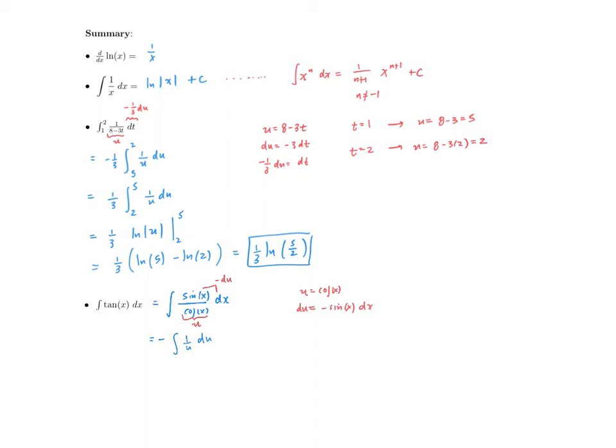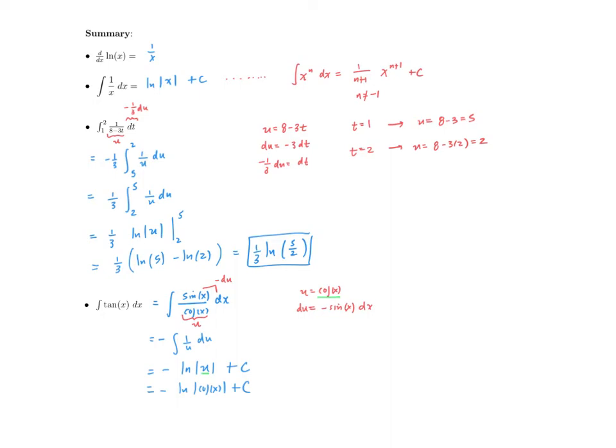And note, now with this substitution, it's a very reasonable antiderivative. The antiderivative of 1 over u is natural log absolute value of u plus c. And our last step is to resubstitute. Replace u with cosine x, which gives us minus the natural log of the absolute value of cosine x plus c.